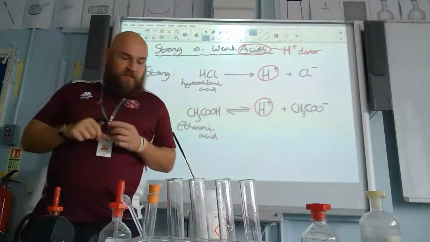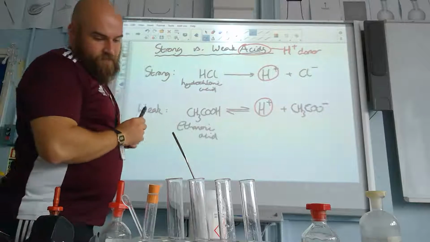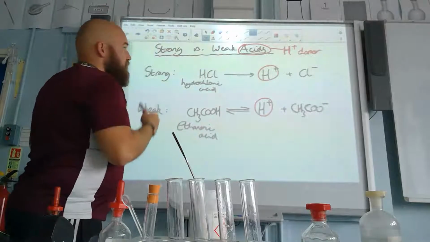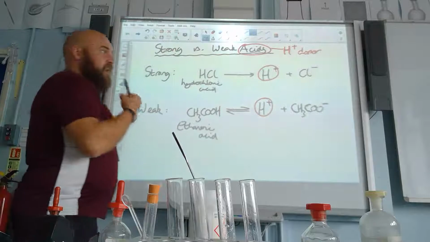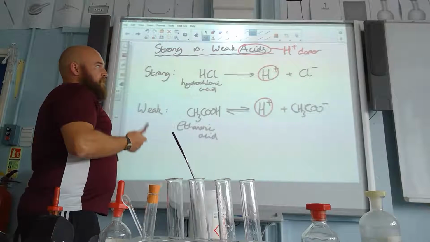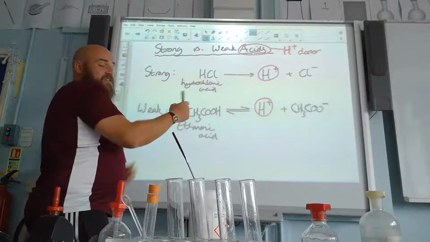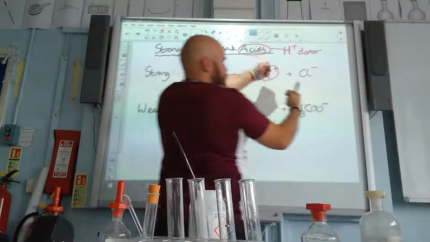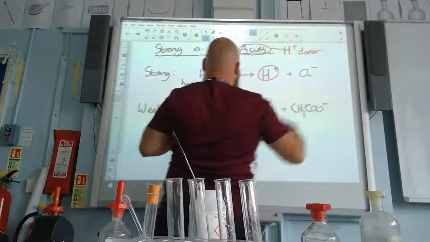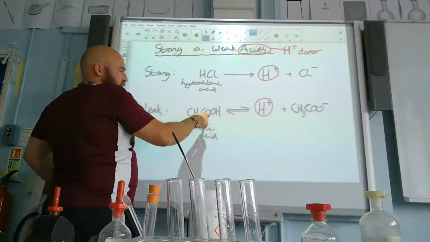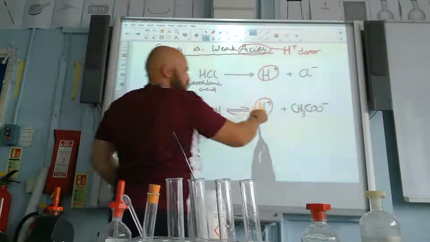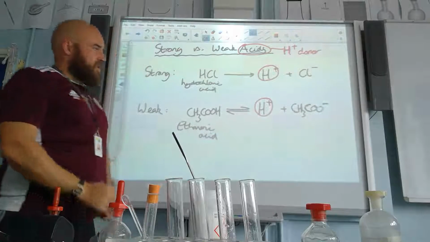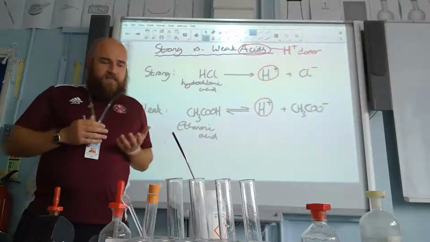All right? And an H plus is just a proton. So they just lose hydrogen ions, not hydrogen atoms, hydrogen ions. So effectively, HCl is going to break apart into H plus and Cl minus. This thing, CH3COOH, is going to break into H plus and CH3COO minus. So they both donate H pluses.